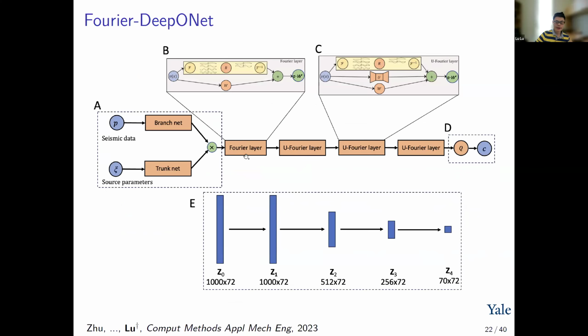We put a few hidden layers here instead of using a simple dot product. And in each hidden layer, we apply an architecture such as the UNet, which is a standard network architecture, or it could be a fully connected network. It's either fine. In this architecture, we still have a branch net and a trunk net, but just a more complicated network for reconstruction.